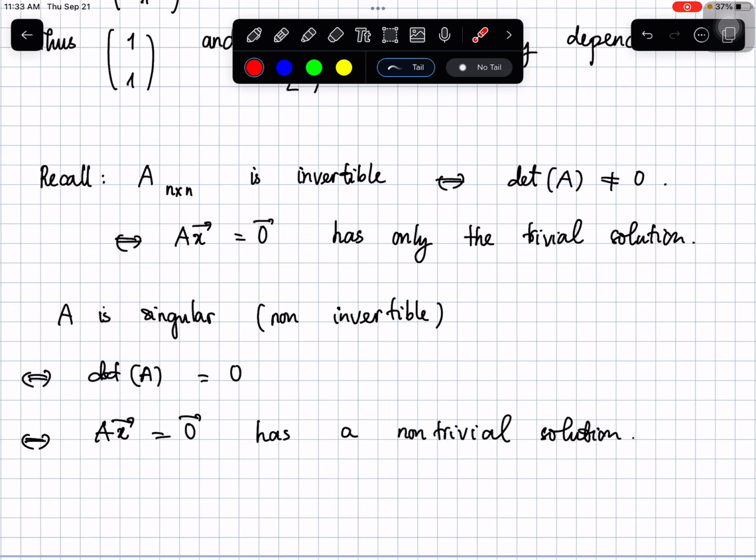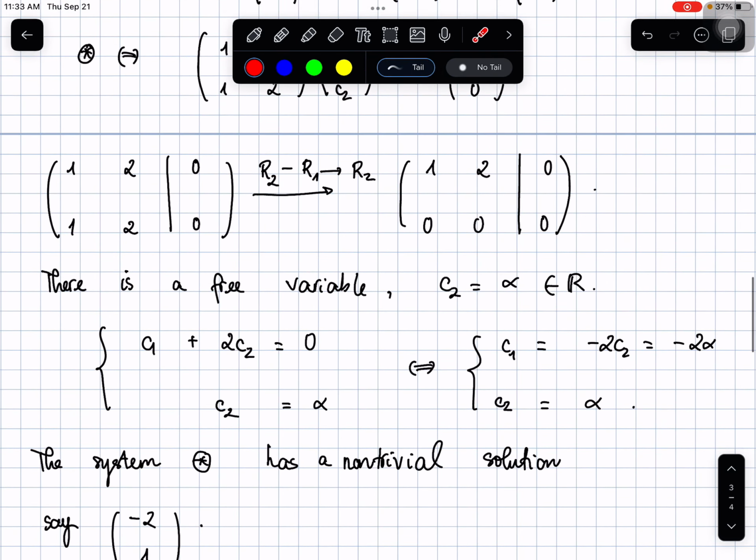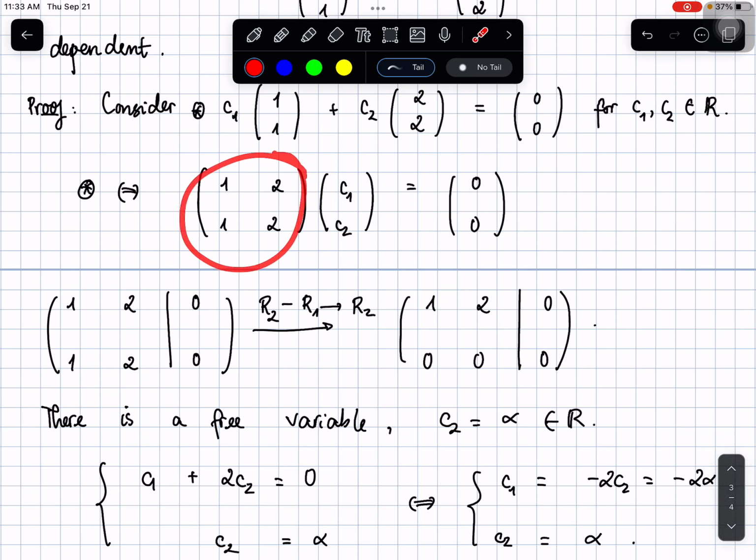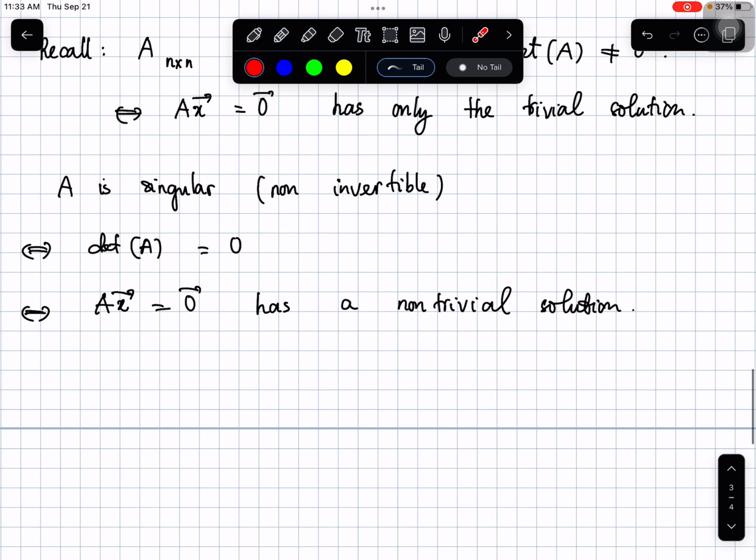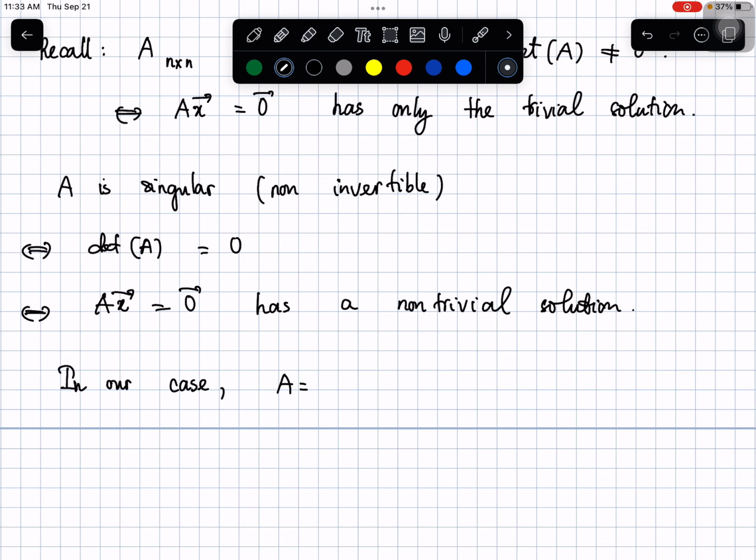So, okay, now we check that this matrix A in our case is 1, 1, 2, 2, which is obviously singular. The determinant of this is 0, right? So in our case, A is the matrix 1, 1, 2, 2. The determinant of A is 2 minus 2, which is 0. A is singular.